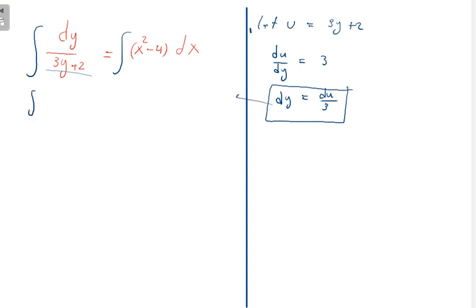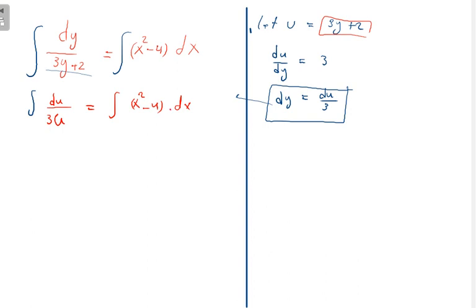Now what is happening here is I substitute dy with du over 3. Then we have du over 3, and instead of 3y plus 2, this value, which is u, equals the integration of x squared minus 4 dx.